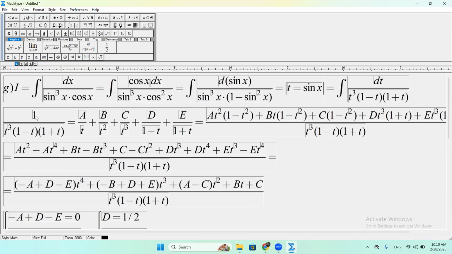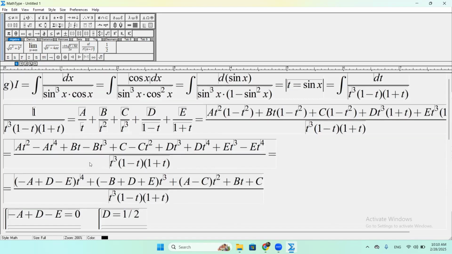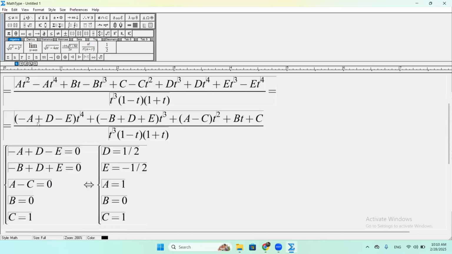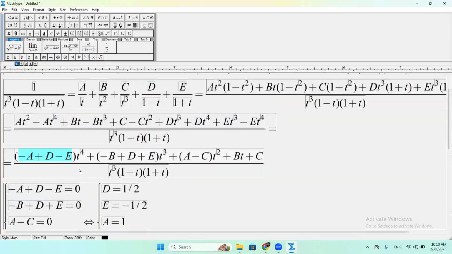For t cube, 0 as well. For t square, 0. For t to the power of 1, it is 0. And for t to the power of 0, we have coefficient 1. So that's how we find these coefficients. So we just find them from the equation system. Have I answered your question? Yes, thank you.